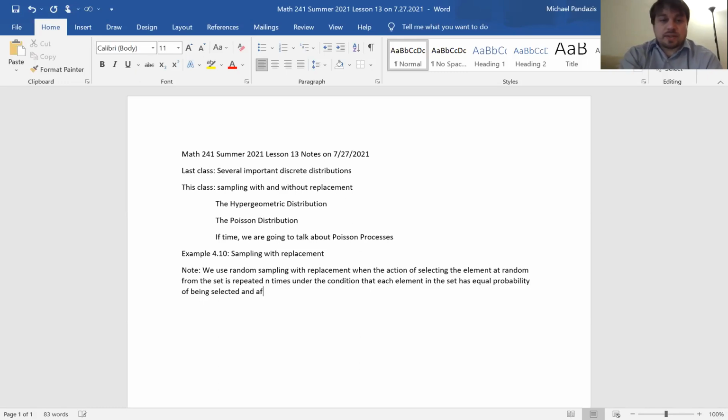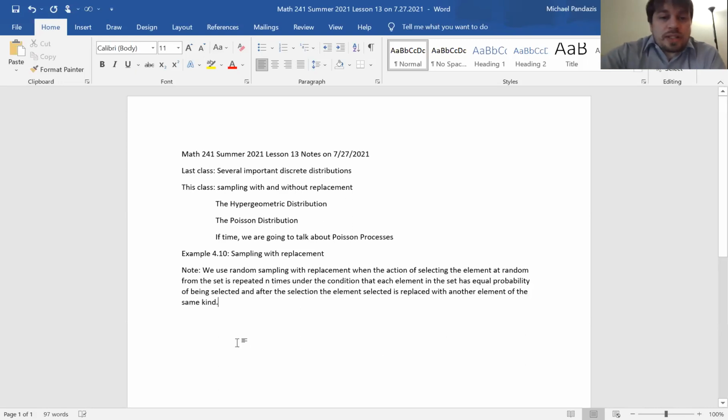After the selection, the element selected is replaced with another element of the same kind.